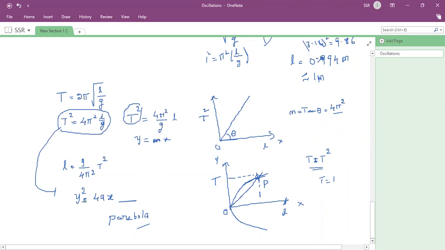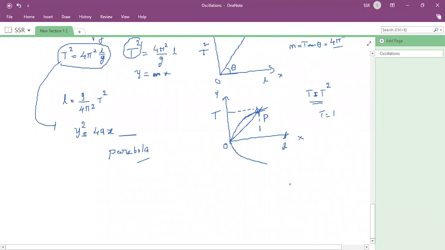Then in that case, what is the length of the pendulum at the intersection point P, such that T equals T square? You can substitute in the equation T square is equal to 4 pi square by g into L, and calculate the length of the pendulum where T square is 1. 1 is equal to 4 pi square by g into L. Pi square we know is 9.86, g we know is 9.8, so approximately those two cancel.